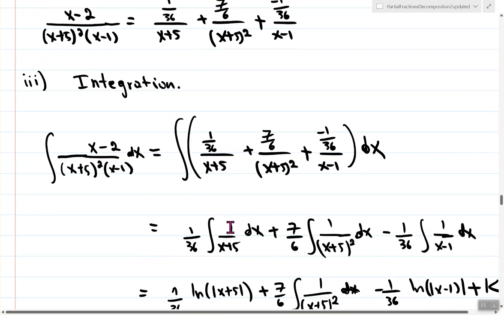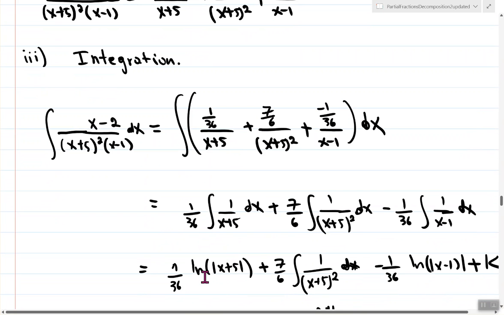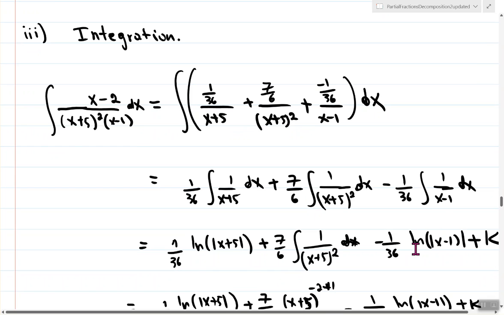We end up integrating 1 over x plus 5, which gives us natural log of absolute value of x plus 5. Let's do the last one. We move negative 1/36 outside, and then we end up integrating 1 over x minus 1, which is just natural log of absolute value of x minus 1.